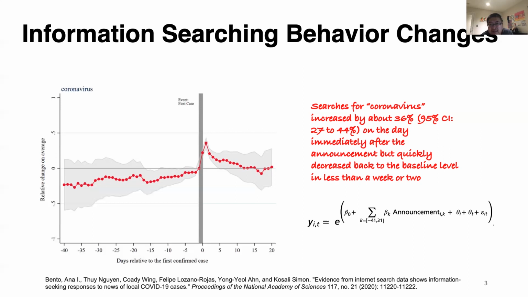The vertical axis measures the differential percentage change in search frequency as the states approach the first case announcement. The figure shows that the search for coronavirus increased by 36% on the day immediately after the announcement, but quickly decreased back to the baseline level in less than a week.